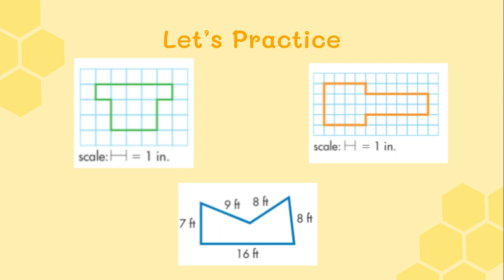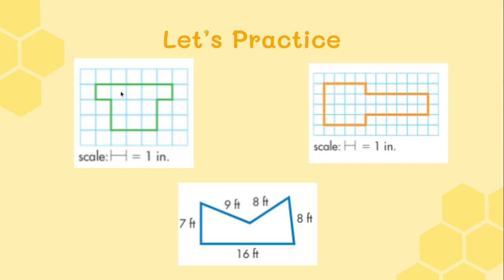We're counting around the shape. It's going to take some getting used to because you were so used to just counting those boxes. We need to count around now. 1, 2, 3, 4, 5, 6, 7, 8, 9, 10, 11, 12, 13, 14, 15, 16. So the perimeter of this shape is 16 inches.